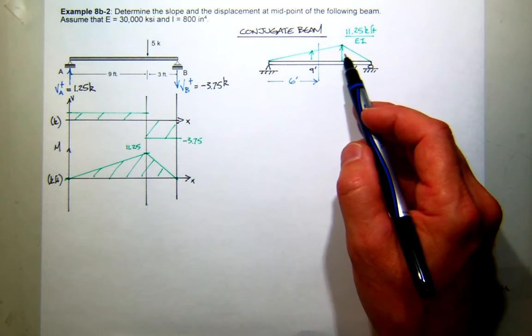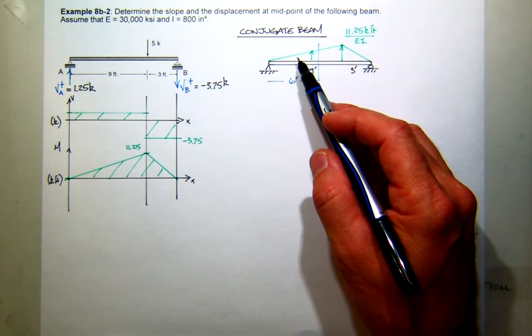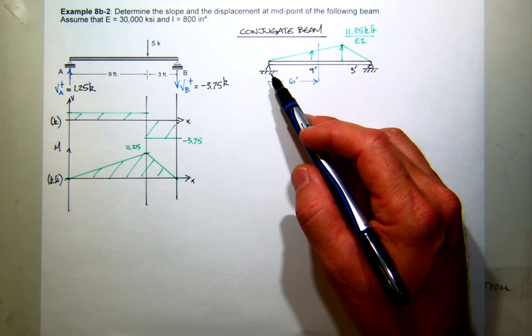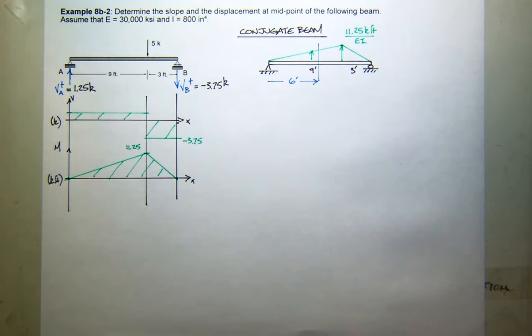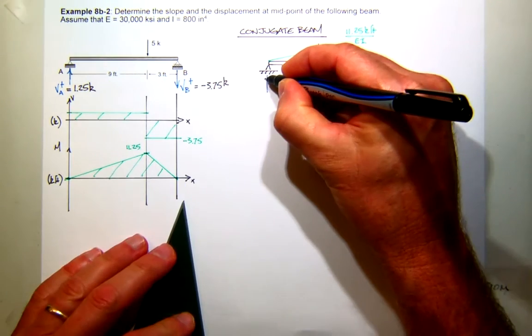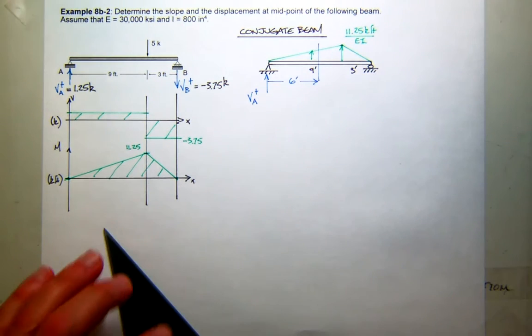The left side or the right side? The left side. Yeah, I think there's a clear choice. The left side is going to be the better of the two. So to work the left side, I'm going to need the reaction for the shear at A. So let's make sure we get that first. So I'm going to assume at A, here's my positive shear at A.